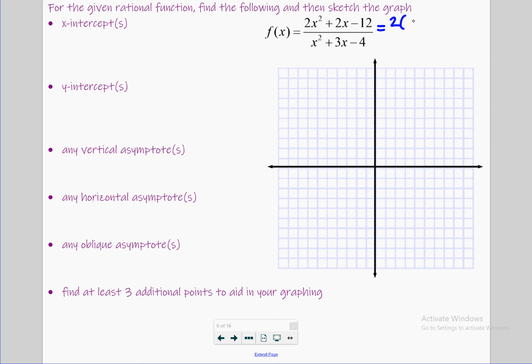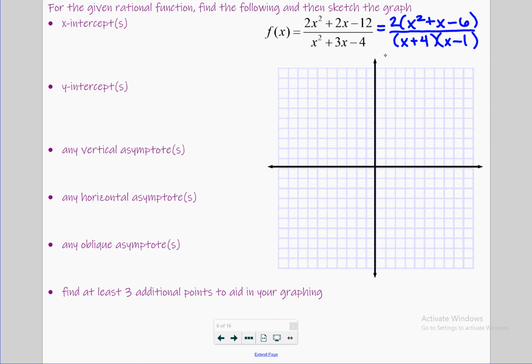Sure. That leaves me with x squared plus x minus 6. Okay, what about the denominator? Does that factor? X plus 4, x minus 1. Does anything factor anymore?